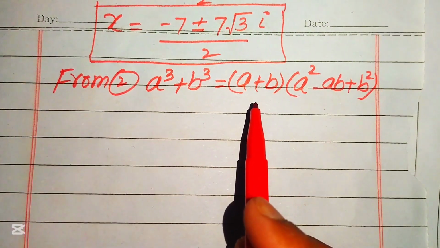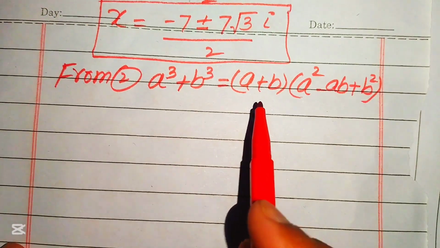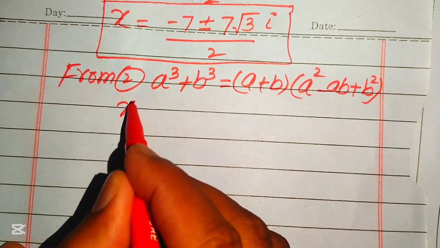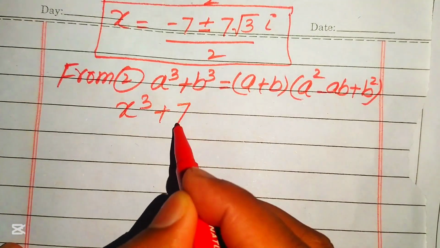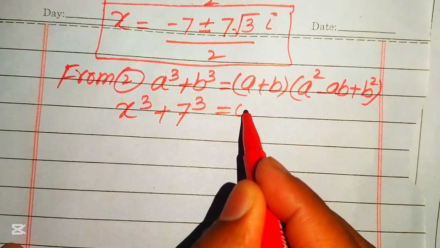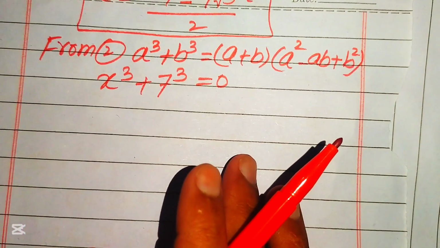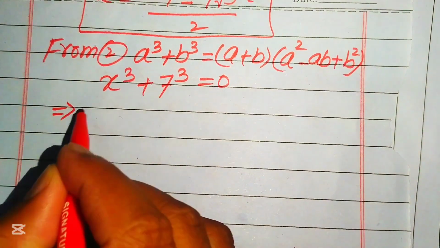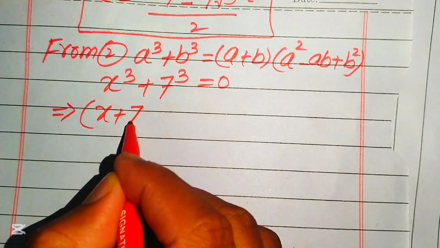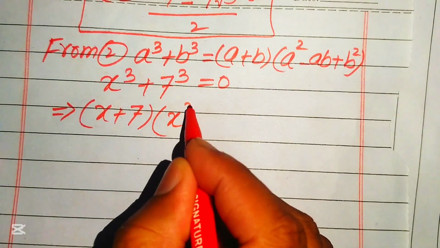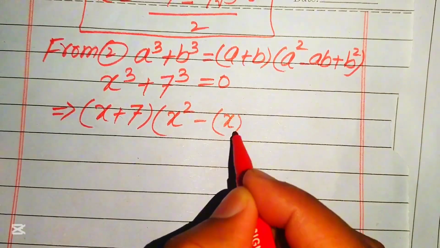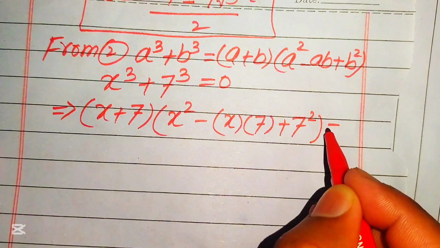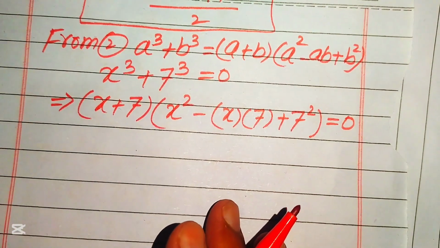According to this formula, we will write our equation number 2 as follows. First we copy down equation number 2. It will be written as x cubed plus 7 cubed equals 0. And now we apply the above cubic formula here. So it will be written as x plus 7 times x squared minus x times 7 plus 7 squared, and this whole equals 0.